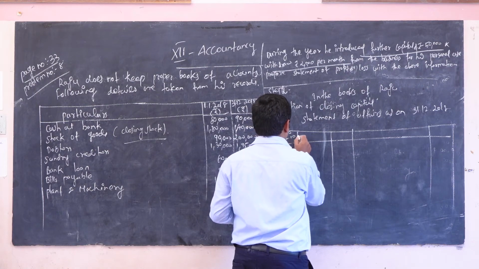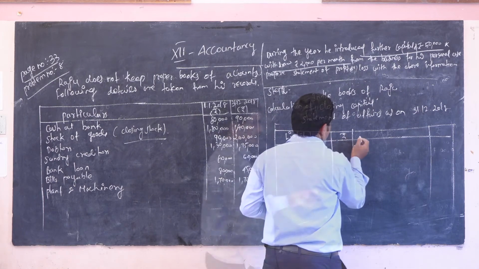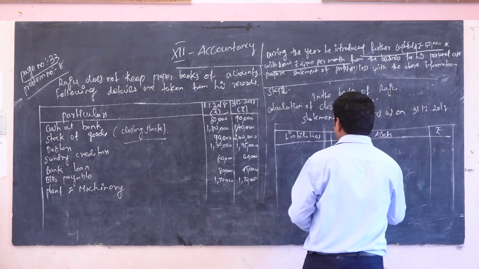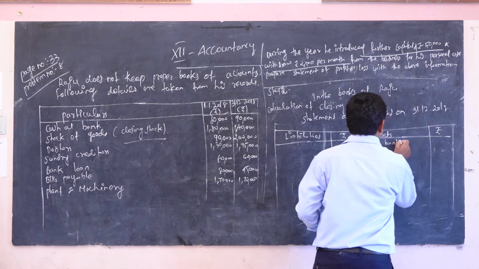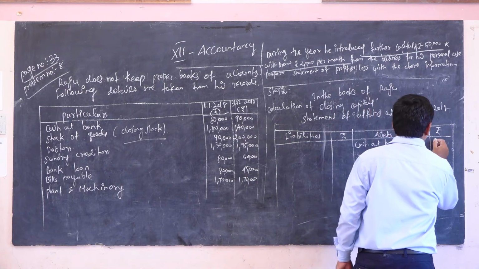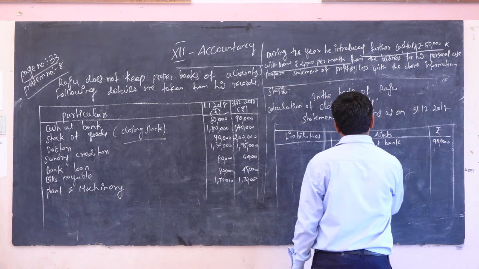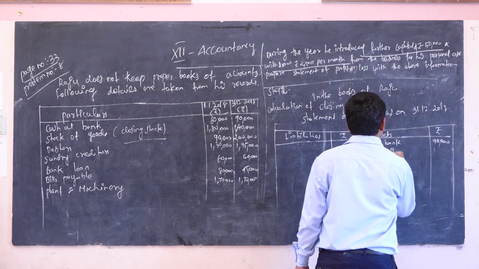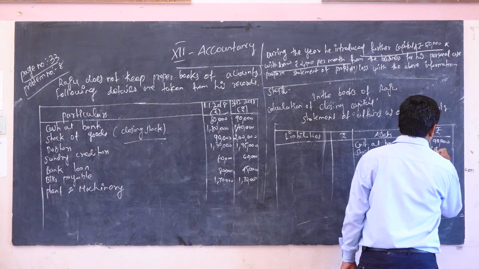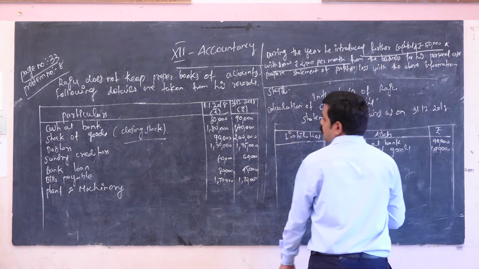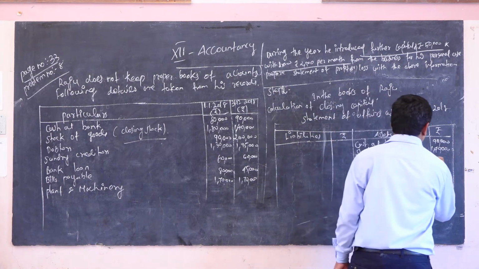Liabilities, rupees. So I have to list all the assets. Then cash at bank 90,000. Then stock of goods 1,40,000. Then debtors 2 lakh.